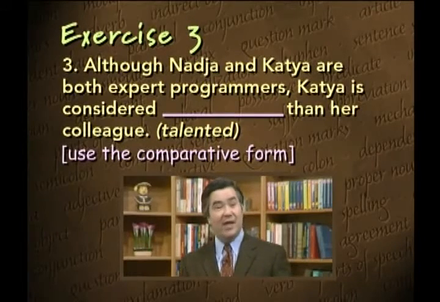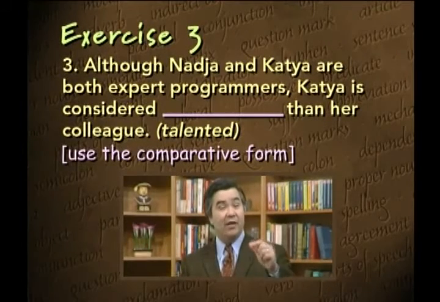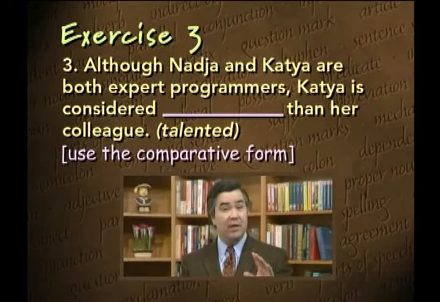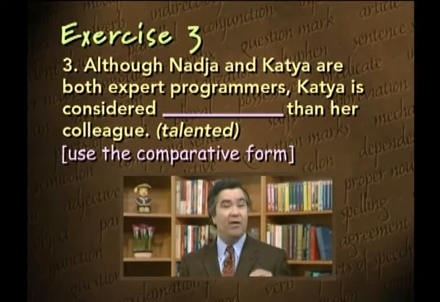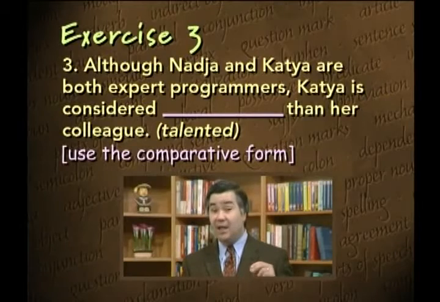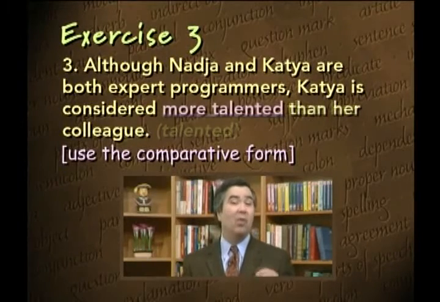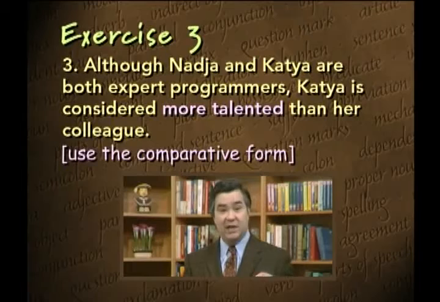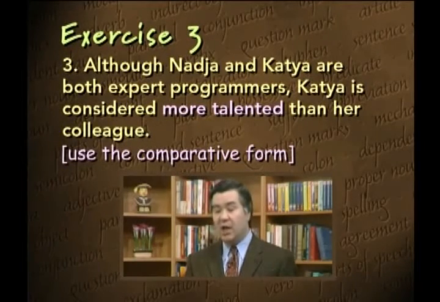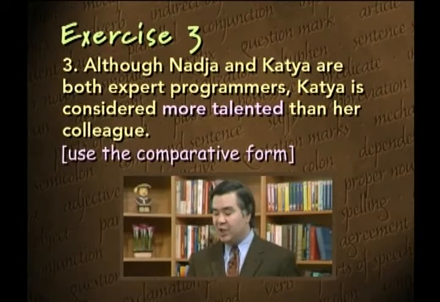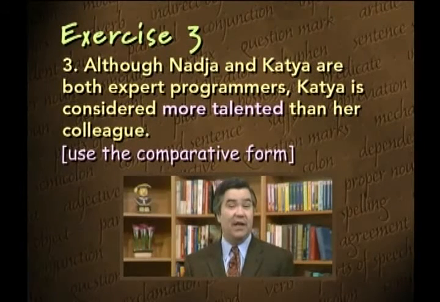Here we're dealing with a three-syllable word, talented. You can hear that there are three separate sounds in that adjective. So to form the comparative degree, rather than adding ER at the end, we'll add the word more in front of the adjective. So the sentence correctly should read, although Nadia and Katya are both expert programmers, Katya is considered more talented than her colleague.